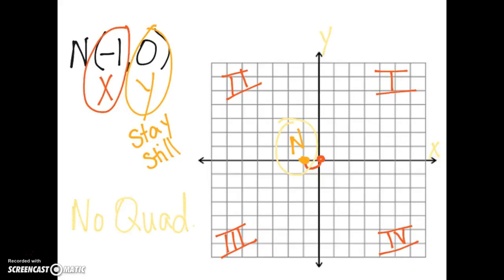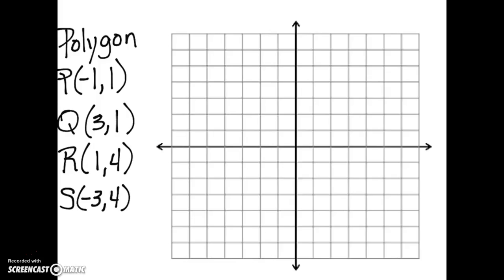So any point that fell on one of these lines, the y-axis or the x-axis, the darker lines that are on there, those answers, if it asks you which quadrant, are going to be no quadrant.